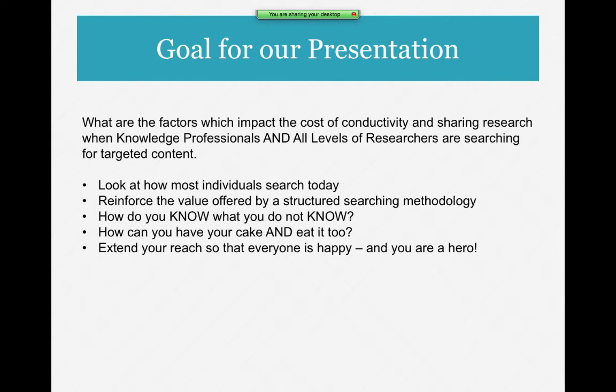the factors which impact the cost of productivity and searching research when knowledge professionals and all levels of researchers are searching for targeted content. Many times we spend a lot of effort for the power users or a core group of users, or potentially we might have different groups or industries within an organization.